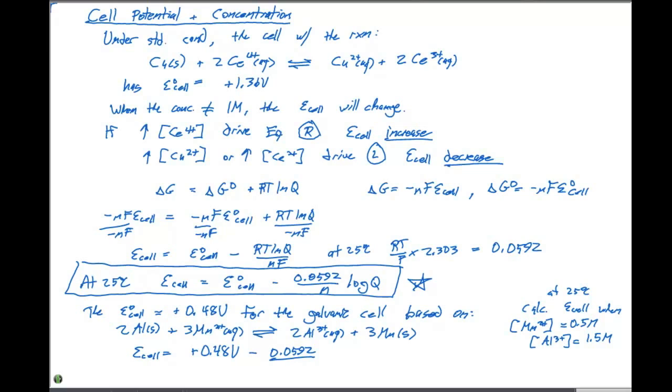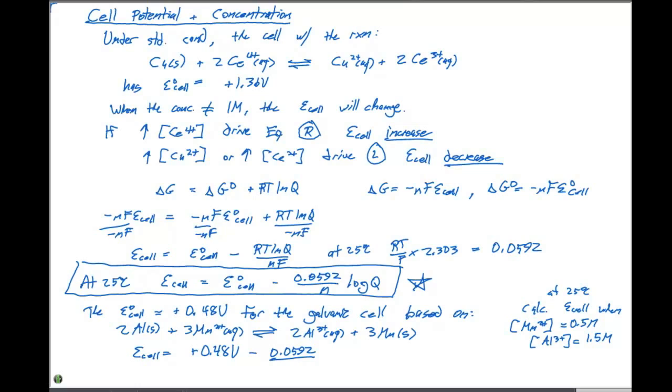The number of electrons transferred in the oxidation half reaction has to be equal to that same number for the reduction half reaction. So if we look at this reaction right here, we have aluminum solid going to aluminum 3+. When that happens, we have to have 3 electrons in that process. But from the balanced coefficients, we have 2 of each of the aluminums.